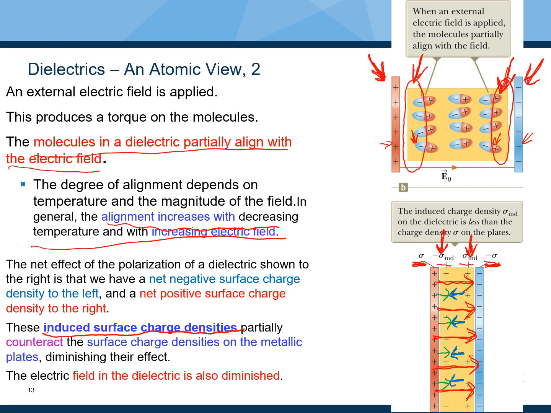Okay? Therefore, we can go ahead and draw the net electric field, which is the red electric field minus the blue electric field, which is in fact the green electric field that I'm making even more solid right now.